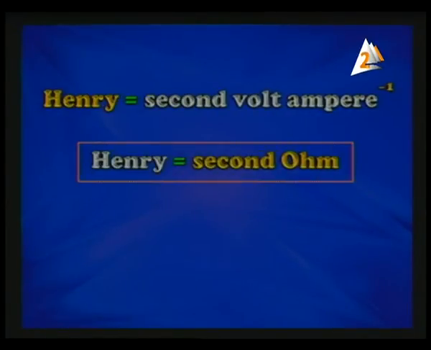And of course we can say Henry is equal to second times ohm, because volt over ampere, potential difference over current intensity, is resistance, measured in ohm. This is very important: Henry is equivalent to second times ohm.